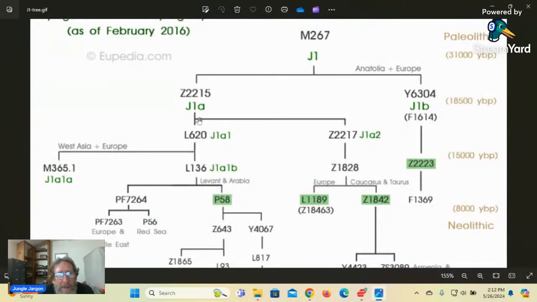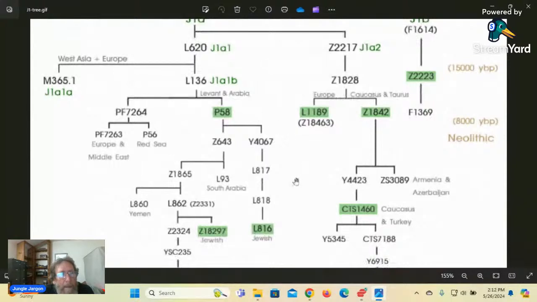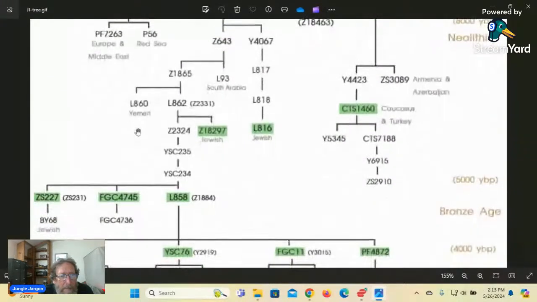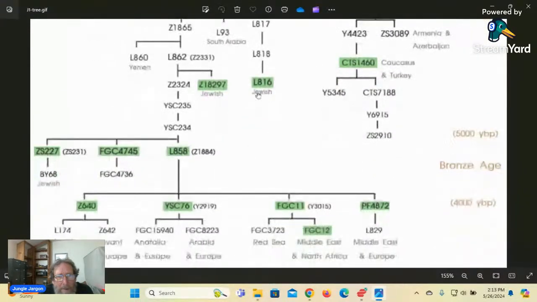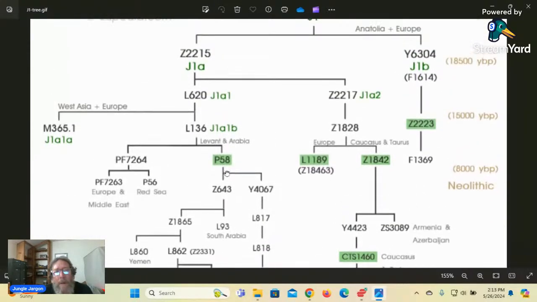So we have the divisions of J1A in the Levant, Arabia, Europe, Red Sea, Jewish, and Jewish. Of course, that is the co-modal haplotype, J1 P58. So these would be definitely of the tribe of Levi, the descendants of Aaron, Moses' brother. And who knows, maybe these are the descendants of Moses over here.